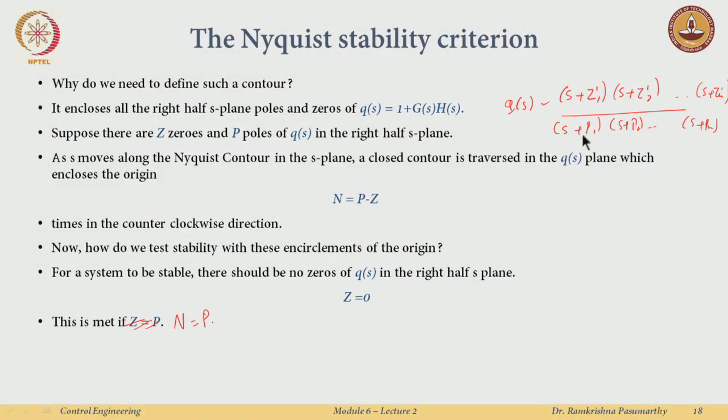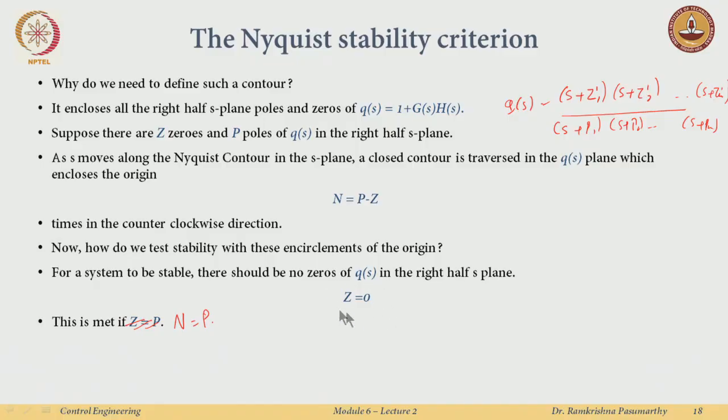For example, if all these poles are stable, and say n is equal to minus 1, then my system is unstable, because the p's are equal to 0, and whenever z is greater than or equal to 1, then I am unstable. I always want z to be 0. This is a necessary condition. Okay.